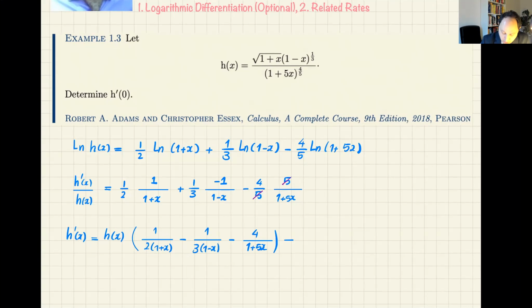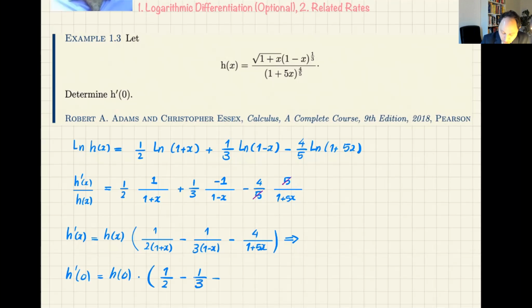Now, what is my question? My question is h prime of 0. So it means that I put x equal to 0 everywhere. And then calculate. Okay, so this means that h prime of 0 is equal to h of 0 multiplied by, if I put 0 here, it becomes 1/2. If I put 0 here, it becomes minus 1/3.